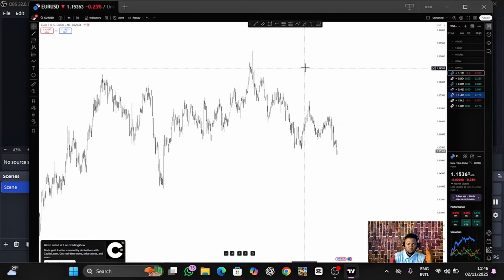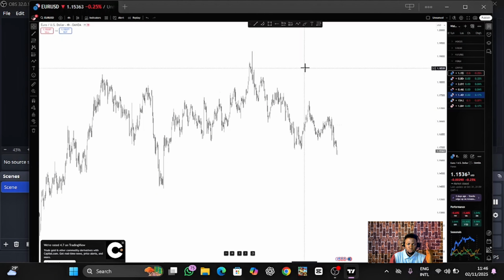Apart from that, you can draw your resistance line from here. So this is like a breakout. Do you understand?